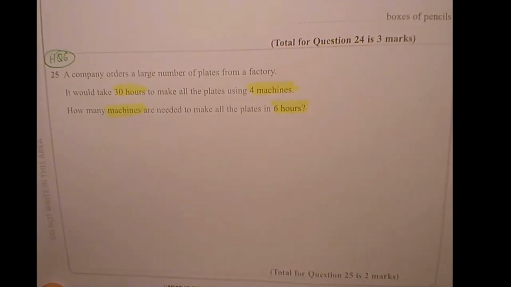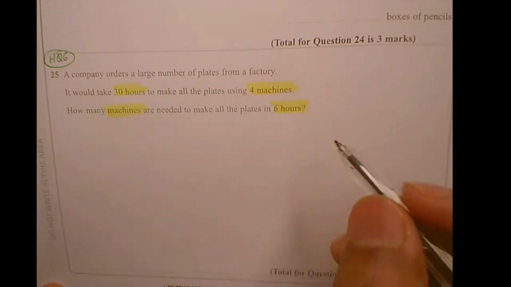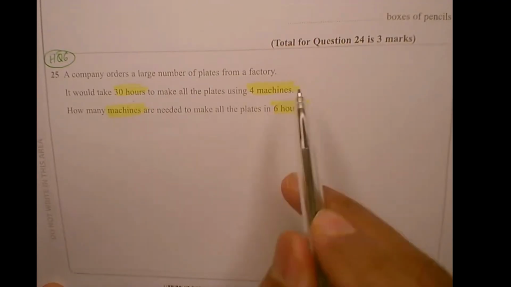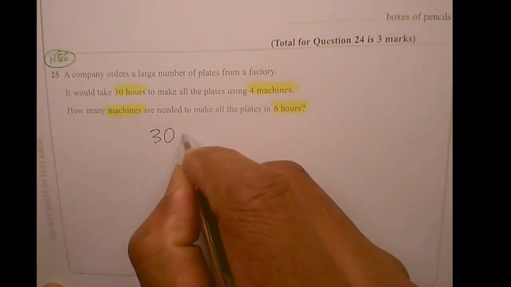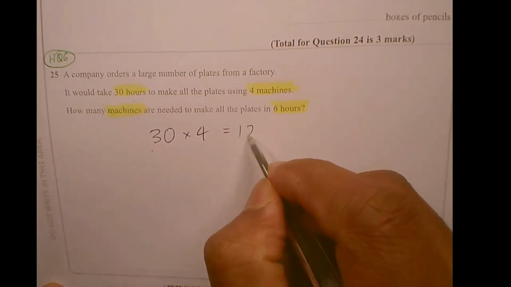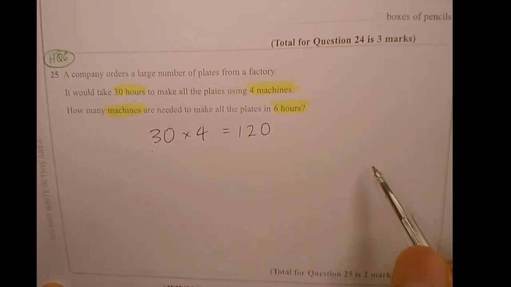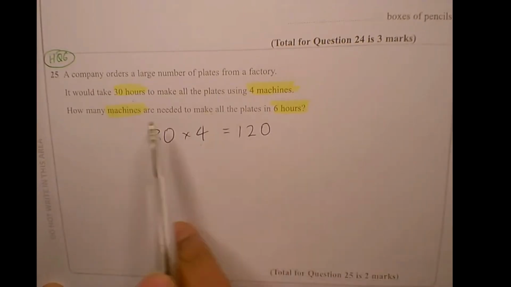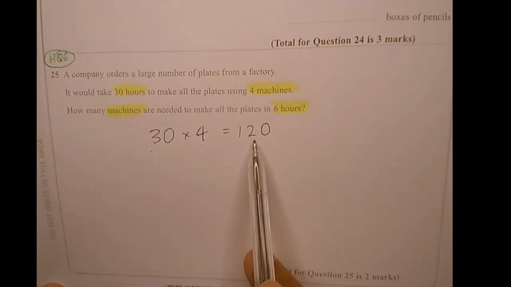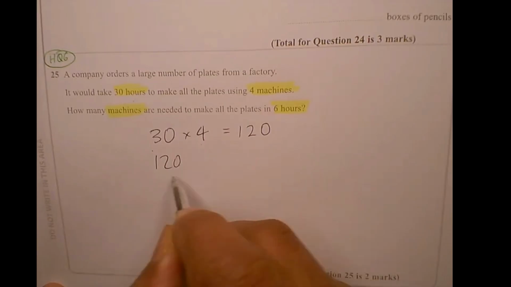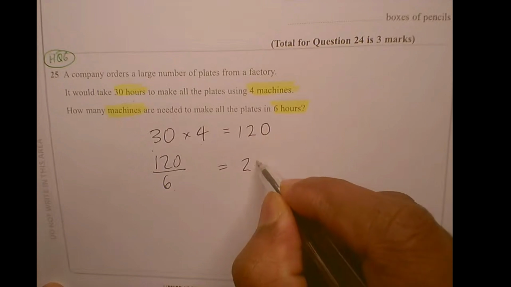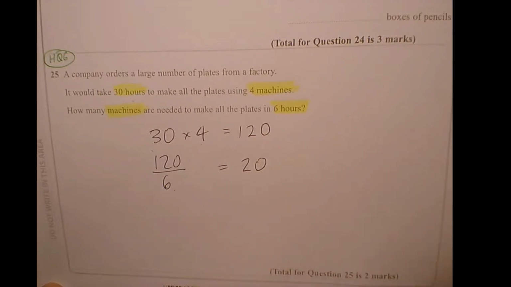In a similar way, I've got 30 hours and I've got 4 machines, so I'm going to be doing 30 times 4. 3 times 4 gives me 12. I don't really need a calculator so far, but that's what we have. Then, how many machines are needed to make all the plates in 6 hours? So I'm going to do 120 divided by 6. That gives me 12 divided by 6 is 2. So my answer is 20.